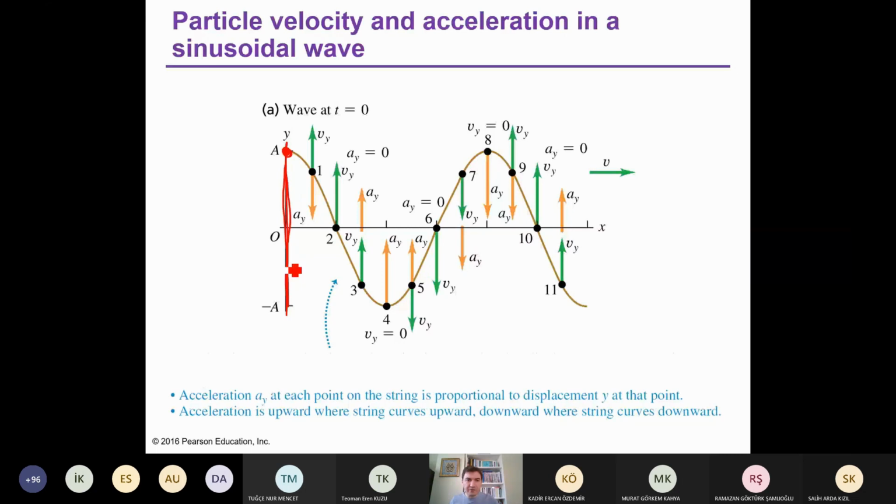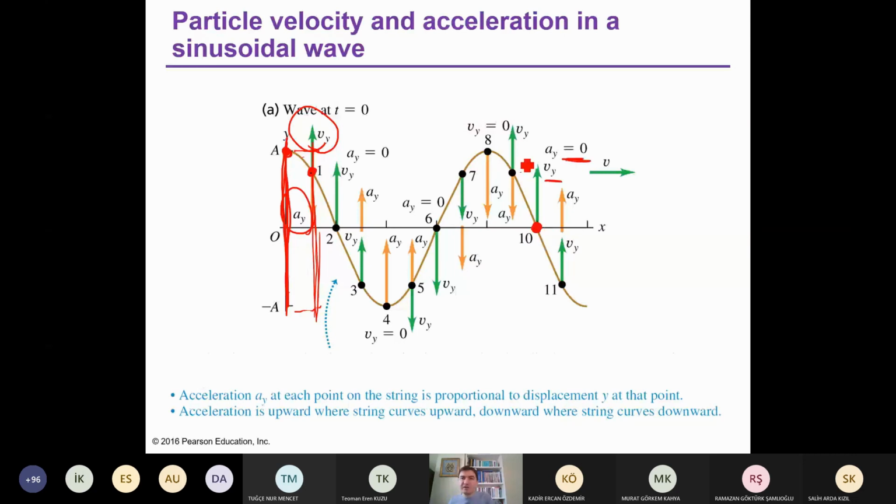This particle is also moving around this equilibrium, okay? So for a certain time, what is the velocity, v_y, what is the acceleration, a_y, of the particle at a certain x, okay? Just consider the particle on the string here. What is its v_y? What is its acceleration?